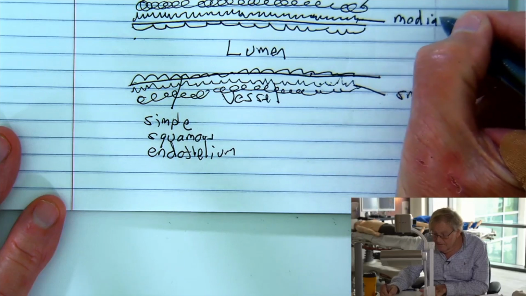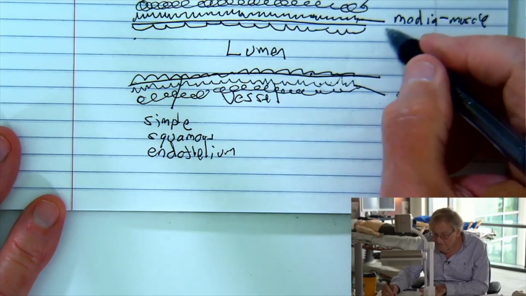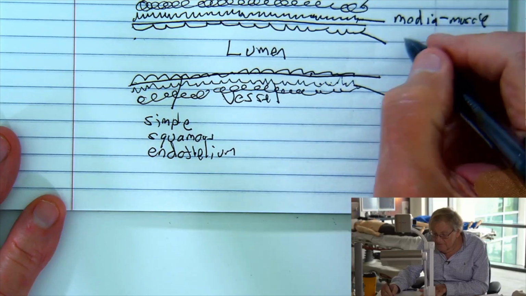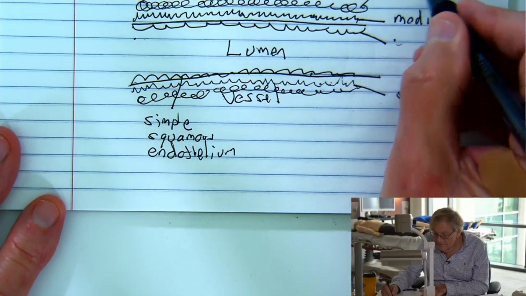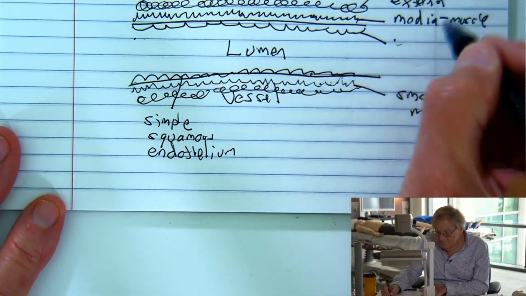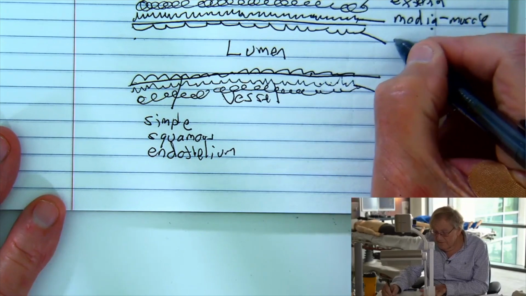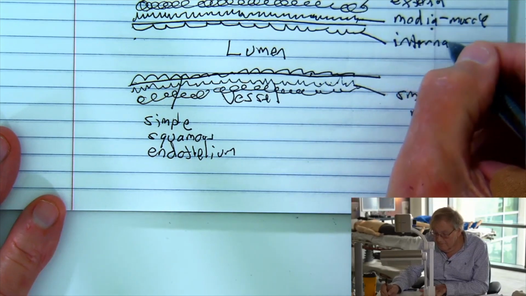That's going to be muscle. And this is going to be the, let me change this, this is the externa. This is the media, and this is going to be the interna or intima.